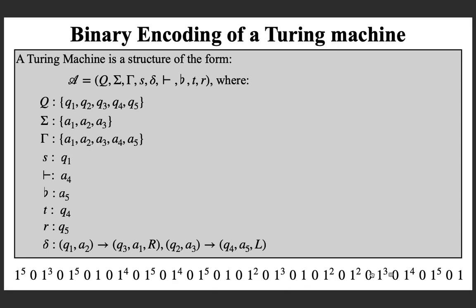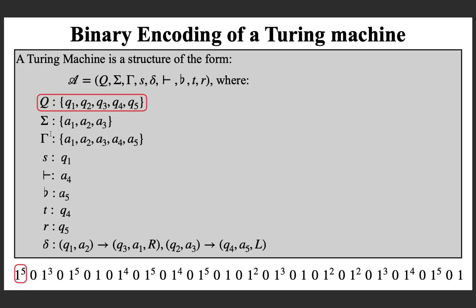This is the binary encoding representing this Turing machine. What is it? The first component is saying how many states are there. So it is a string of length 5, meaning 5 states are there. Then which are the states? 1, 11, 111, 4 ones and 5 ones. Okay, so you just want to encode how many states are there.